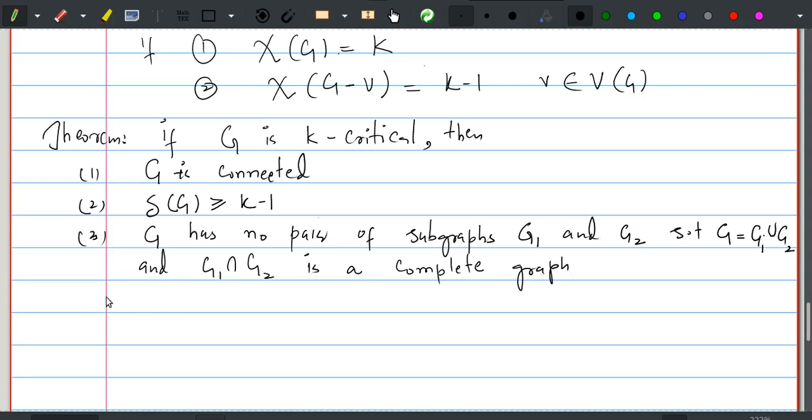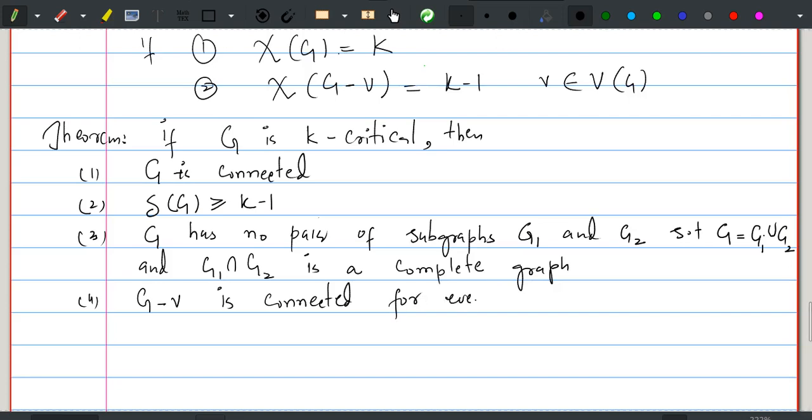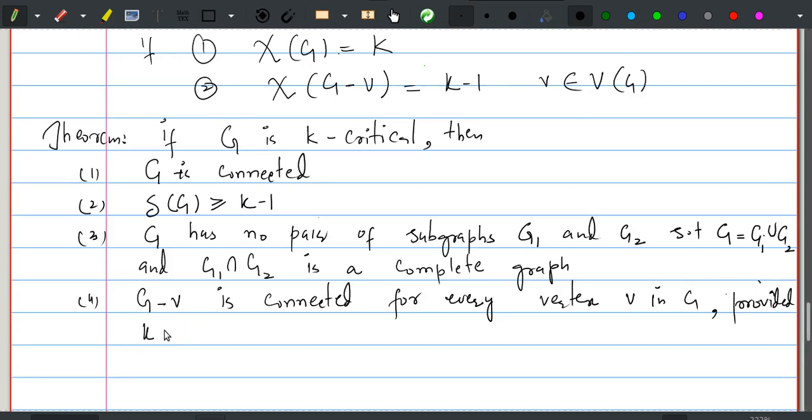And finally, the fourth item: if we remove any vertex v in G, then G minus v is connected as well, for every vertex v in G. This is true provided k is strictly bigger than 1.